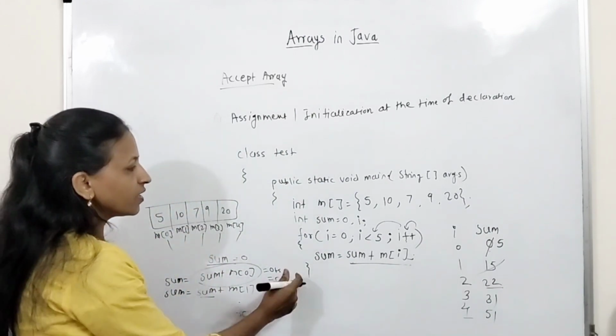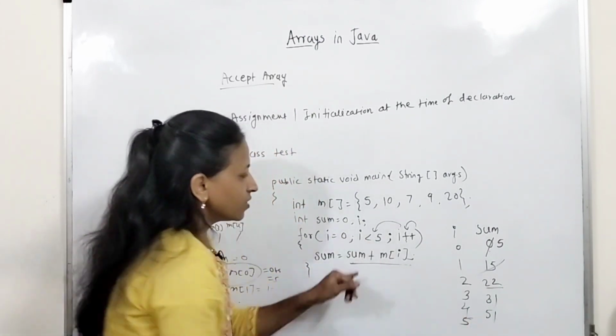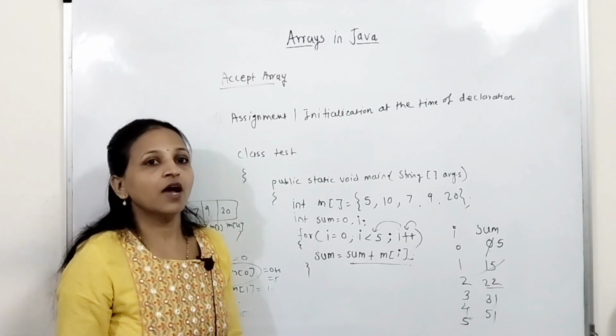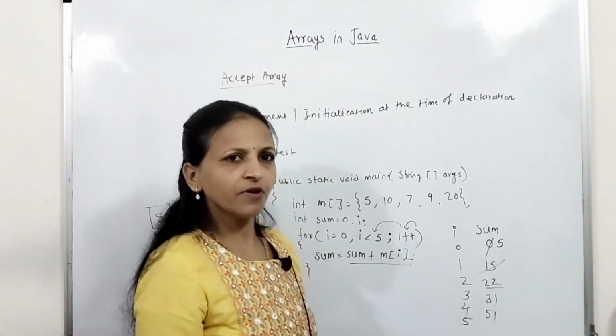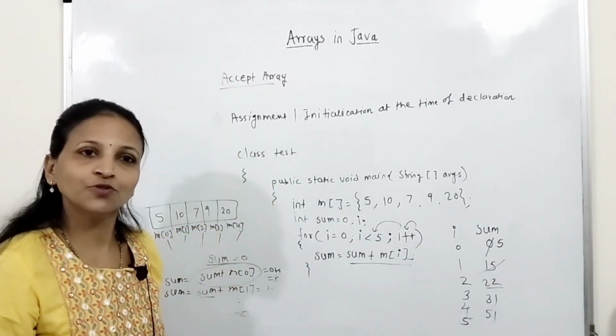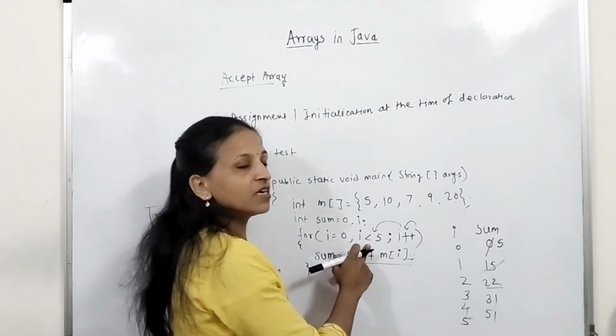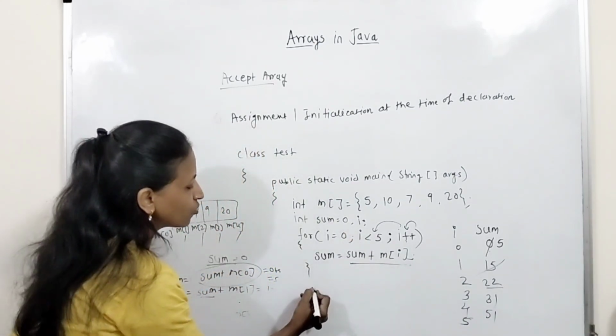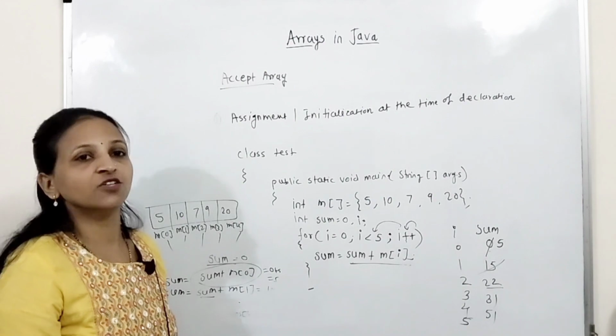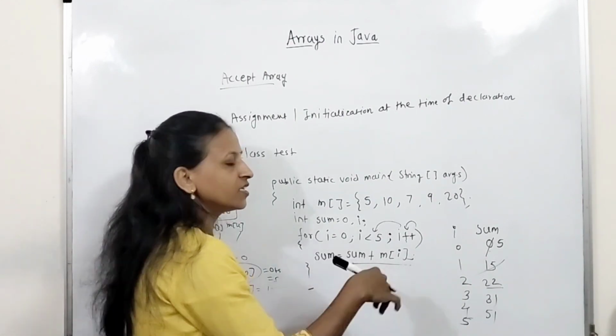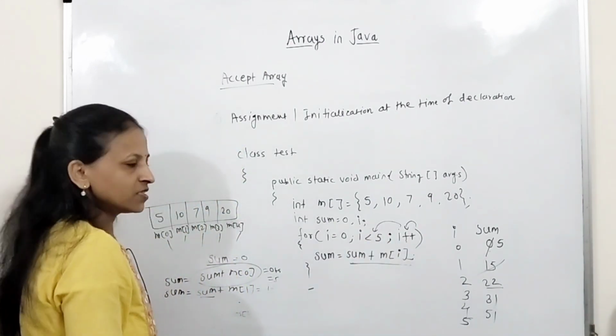Getting? And now i is 5, the condition is false, i is not less than 5. Is it true? No, it is false. Whenever the condition becomes false, control will automatically come outside the loop.